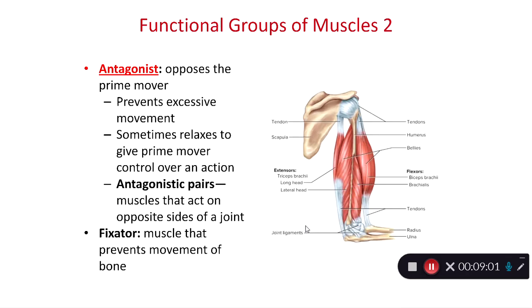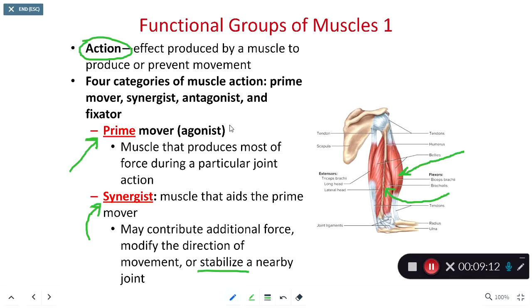We also can have antagonists, and these antagonists are going to oppose the prime mover. So really, when we're looking at an antagonist versus a prime mover or an agonist, it's all about defining your frame of reference. If my frame of reference is flexion of the elbow, then the prime mover is going to be the biceps brachii.